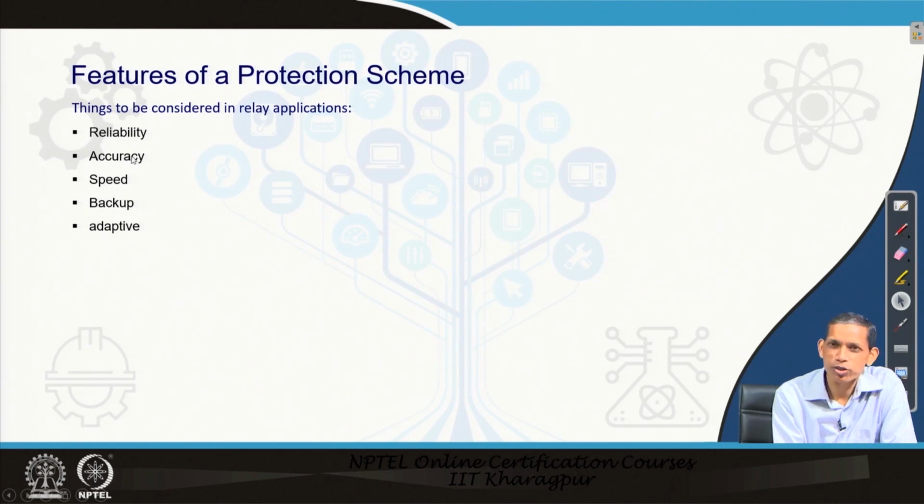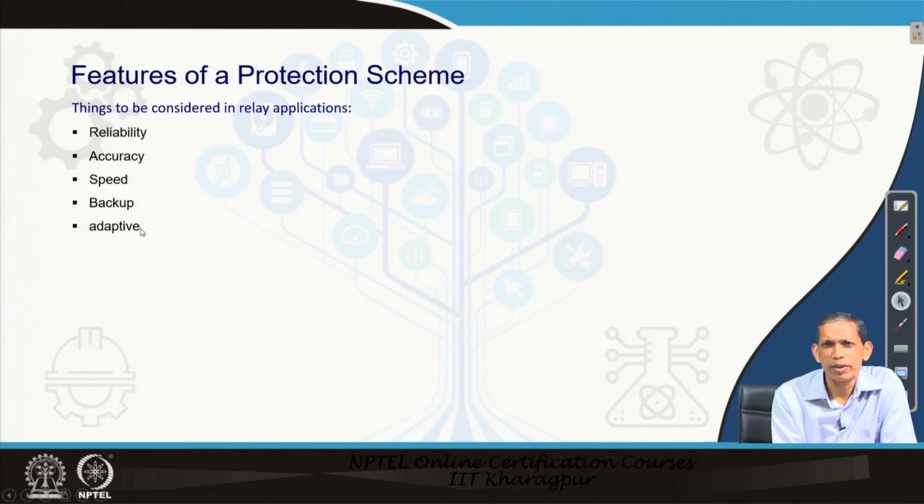Therefore, a protection system should be as accurate as possible. Speed is essential, otherwise it may lead to damage. Any element may fail at times, so a protection scheme for a power system may also fail. In that case, the whole protection scheme should have a backup arrangement also.